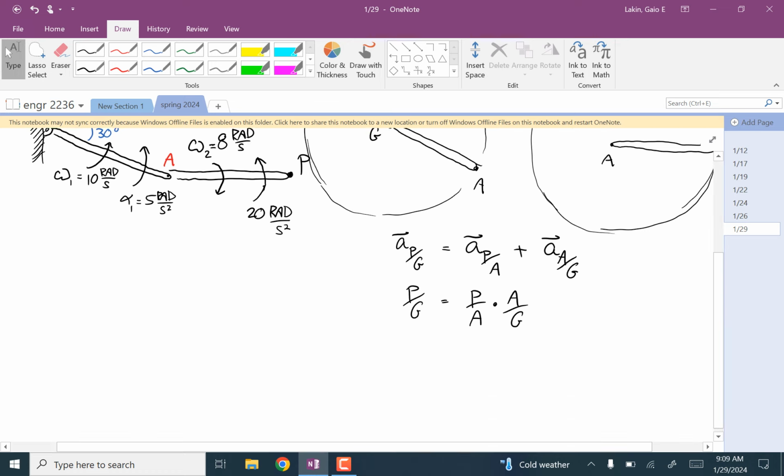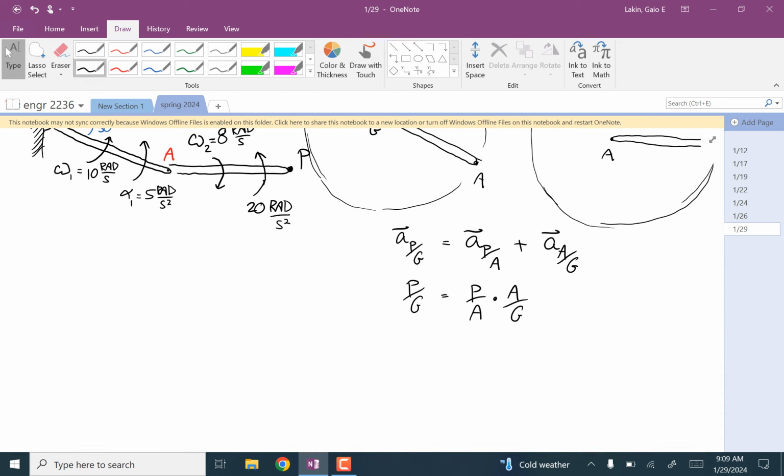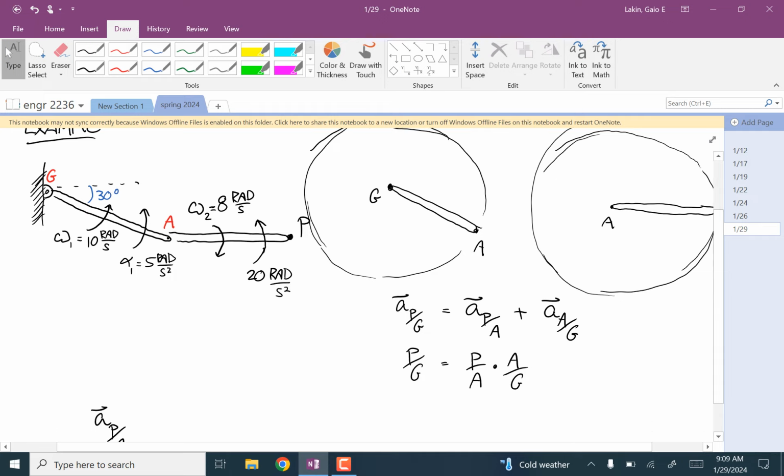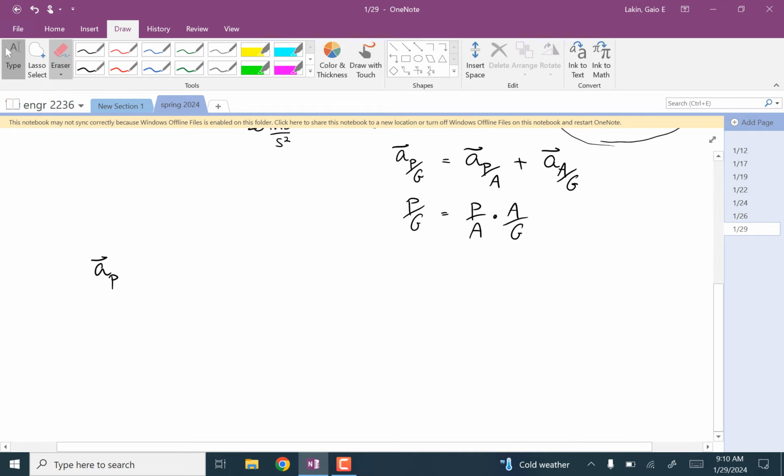Okay, so last time we calculated that the acceleration of A relative to G was negative 84.1, 54.330.